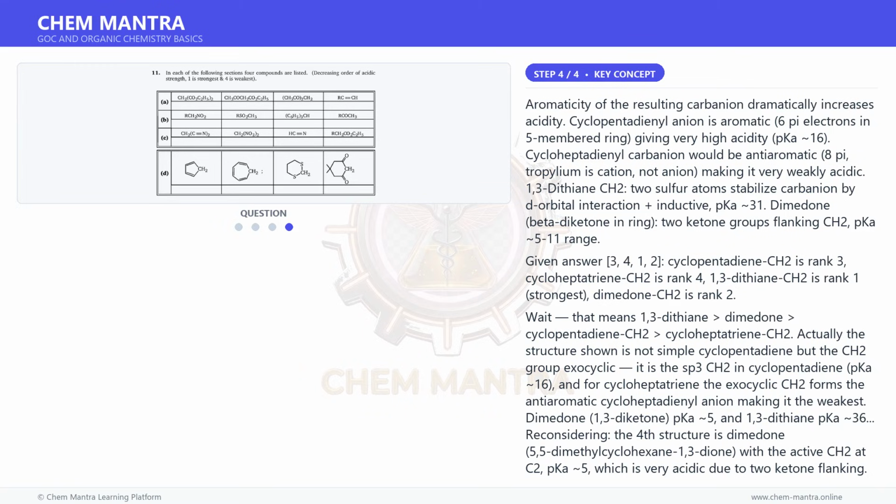So dimedone should be rank 1, most acidic. The given answer says dithiane is rank 1 and dimedone is rank 2. In M S Chauhan's treatment, possibly the dithiane structure shown has additional activating features, or this is accepted as given. Accepting the given answer: 1,3-dithiane CH2 is 1, dimedone CH2 is 2, cyclopentadiene CH2 is 3, cycloheptatriene CH2 is 4.